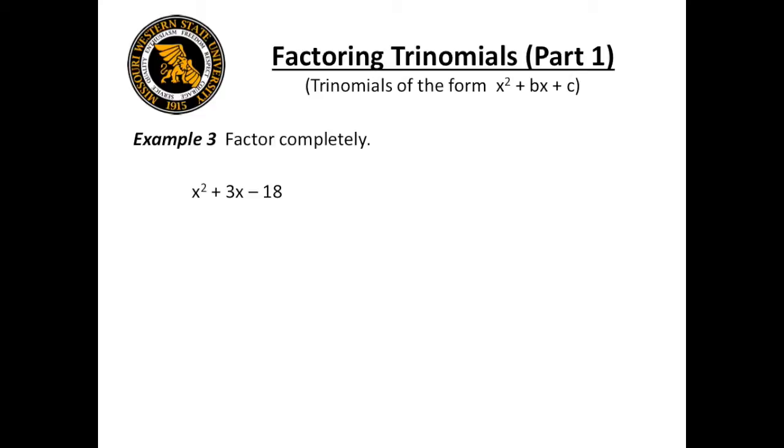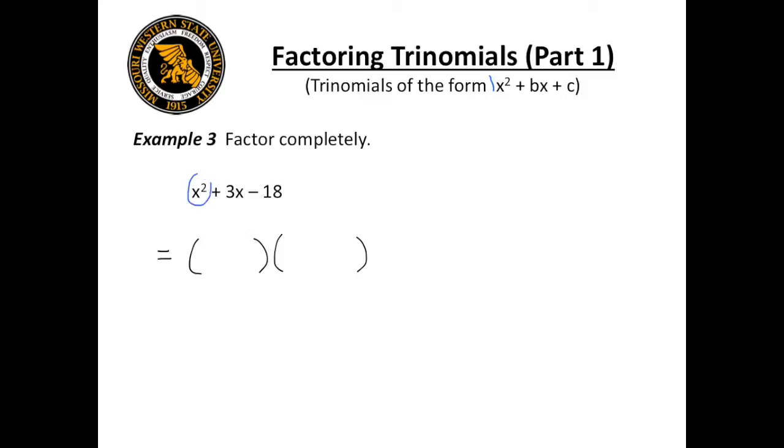Now consider example 3, in which we're given the trinomial x squared plus 3x minus 18. Again, this trinomial is of the form 1x squared plus bx plus c. So if it factors, it will be written as a product of two binomials.